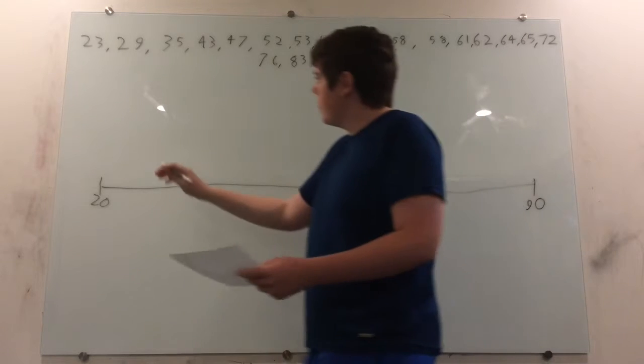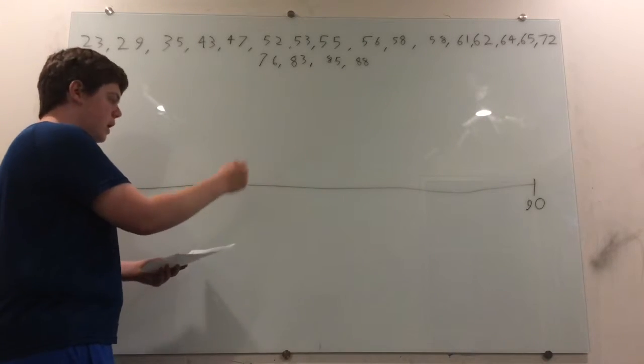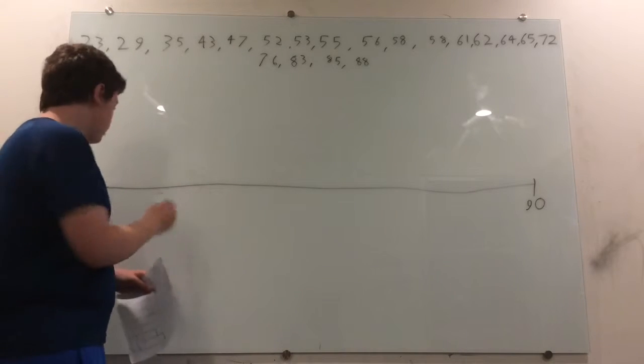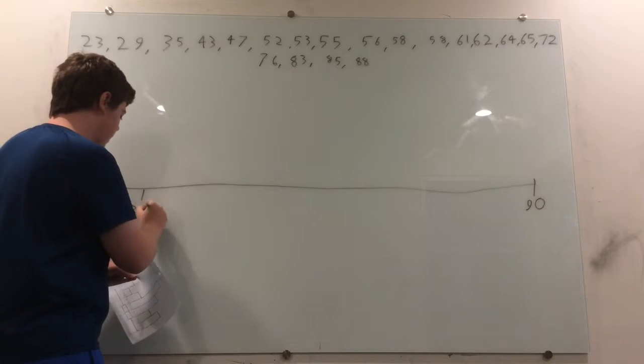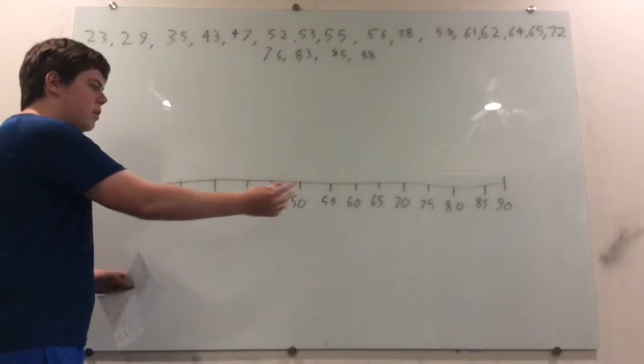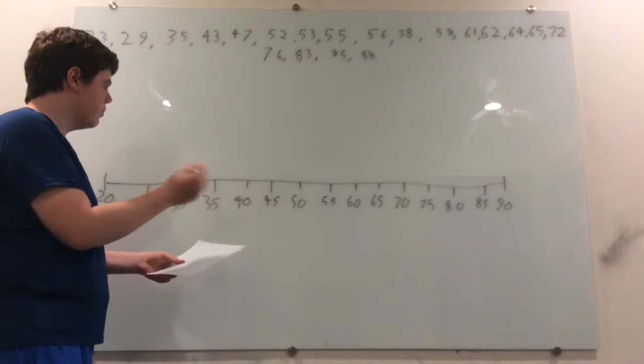I've decided to make my intervals by 5, so we can have 25, 30. So we've got our number line all written out in 5 by 5 intervals.